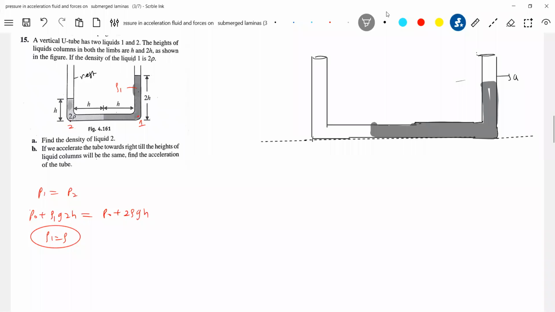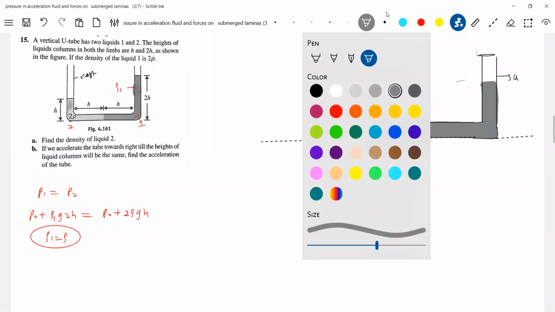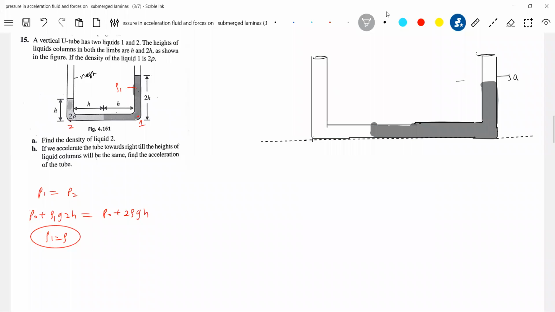I don't know what that level is, that we have to find out. Both are the same.